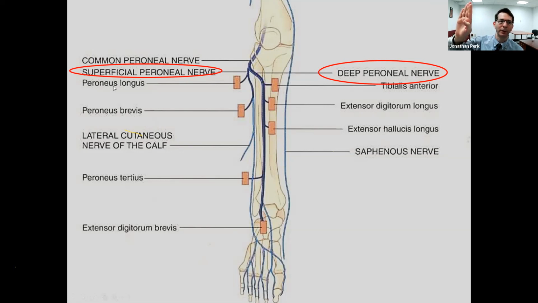So we have the peroneus longus, brevis, and tertius. There's also a sensory component. So most of the top of the foot is sensory innervated by this superficial peroneal. It's very important for us EMGers. What I should have said earlier, that the common peroneal is mainly an L5.